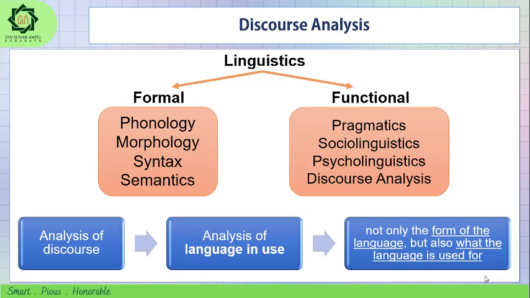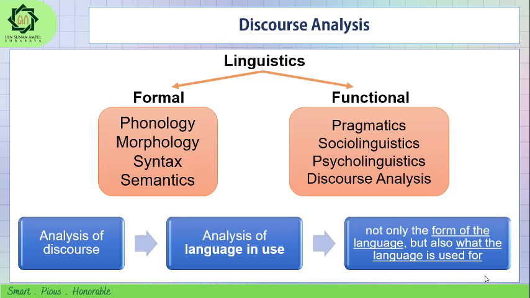Linguistics are divided into two, which are formal and functional. For formal linguistics, we learn about the formal rules about the structures in language. There are phonology, morphology, syntax, and semantics.